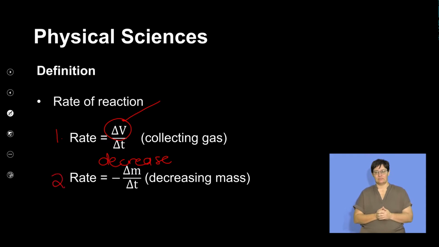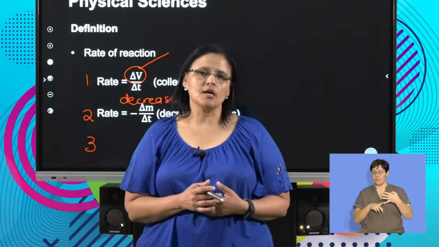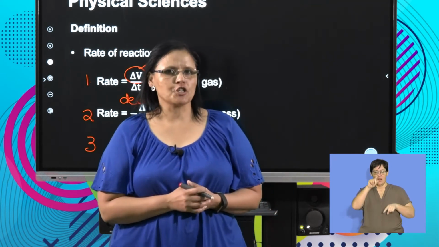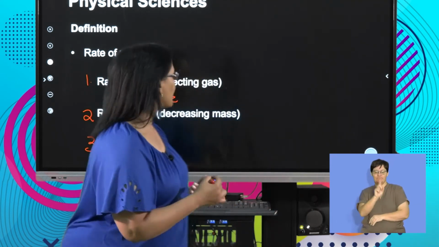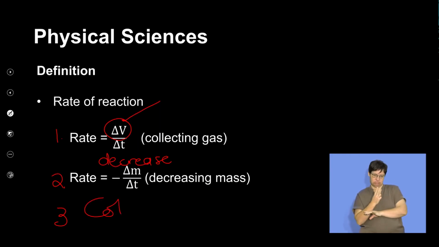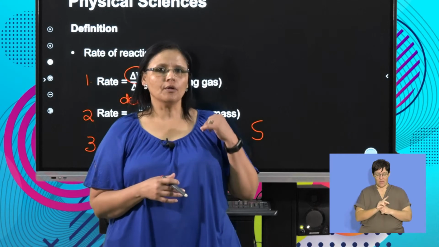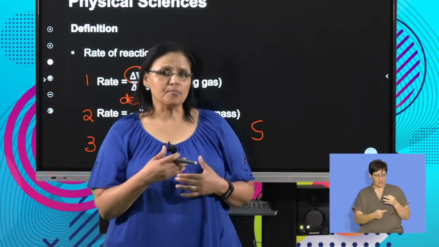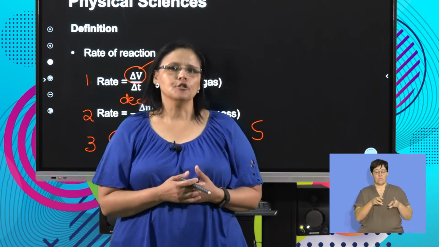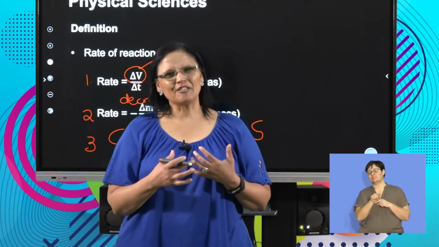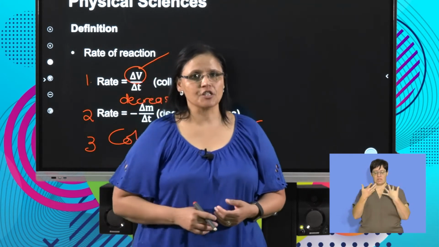And if you remember, there was a third way to measure the rate of the reaction, and that was to look at the color change, especially when we produced sulfur that made the whole solution a milky color because of the precipitate. So these are the experimental ways to determine and calculate the rate of reactions.